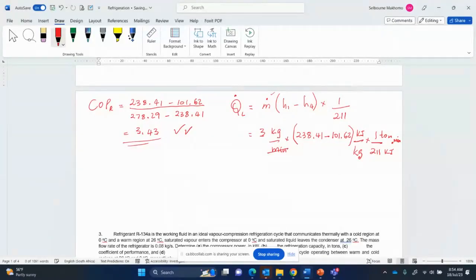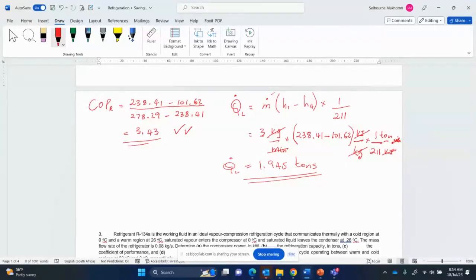So this minute will cancel that minute. This kilojoule will cancel that kilojoule. This kilogram will cancel that kilogram. So we are left with only 1 ton. And the answer is 1.945 tons of refrigeration. This is our answer.